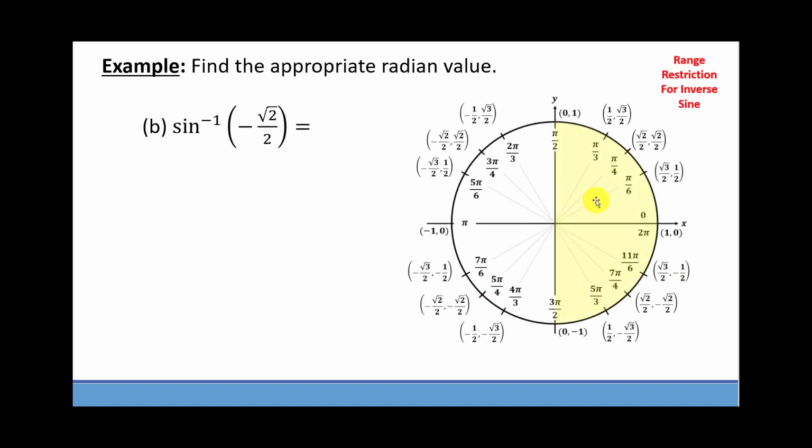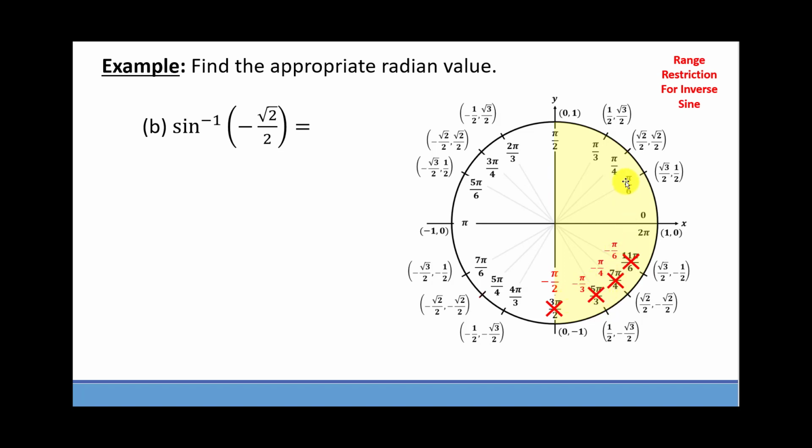And that would be the interval that covers quadrant 1 and quadrant 4. However, we have to be careful. This interval cannot start at 3 pi over 2 and go to pi over 2. That would be going backwards. This interval is going to start at negative pi over 2 and go to pi over 2. And because of that, angles that we're going to see in quadrant 4 are negative angles.